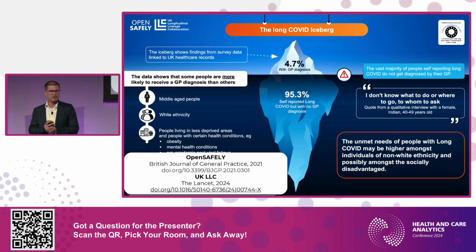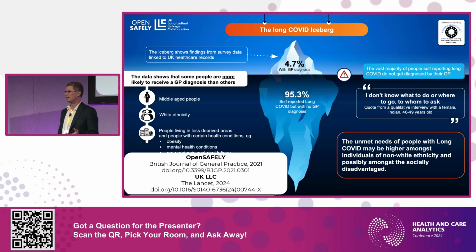Just going to give a couple of very brief examples of the way this resource has been used by analysts during the COVID programme. So the first example is about long COVID. It was very clear relatively early on in the pandemic that there was an increasing group of patients who were displaying symptoms which became known as long COVID.